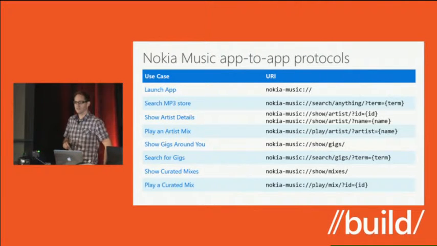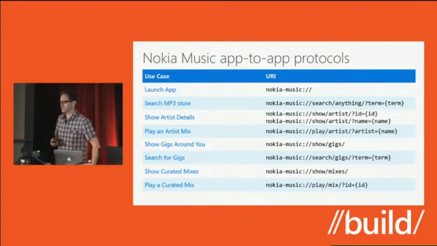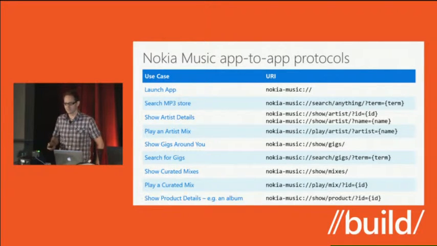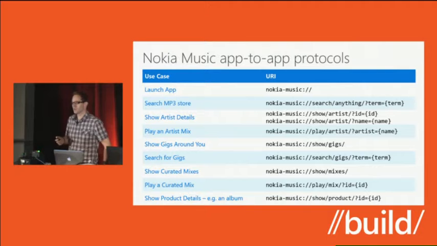The next thing you can do is show the curated mix page and let the user choose something to listen to. And you can also initiate playback of a specific mix if you're using the REST API. Final thing is to show product details, and by product I mean an album or a track that you've got details of, again, through our REST API, which I'll come back to in a minute.